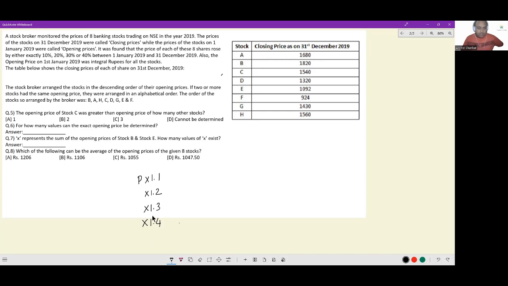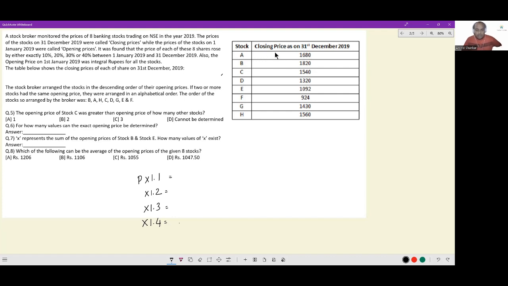If it has been multiplied by one of these numbers, the closing price has to be, if it is increased by 10%, a multiple of 11. If it is multiplied by 1.2, the closing price has to be a multiple of 12. If it is increased by 30%, the closing price has to be a multiple of 13. If it is increased by 40%, the closing price has to be a multiple of 14. This inferencing is critical because of what it does.